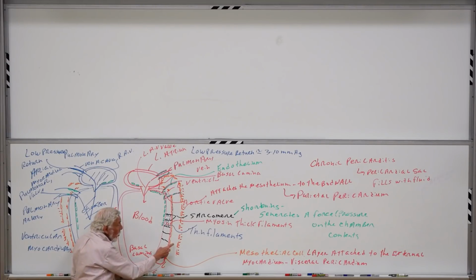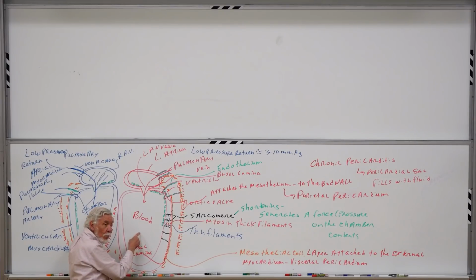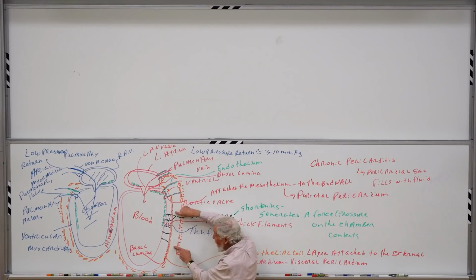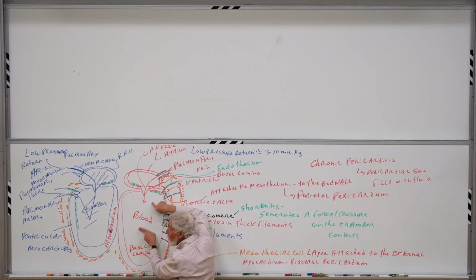If the pressure out here equals the pressure filling the heart, there ain't no filling. If the pressure is greater here than here, there's no filling at all. And so it doesn't take much in the way of fluid inside the pericardial sac and an increase in pressure in the pericardial sac that you will restrict the diastolic filling phase of the heart.